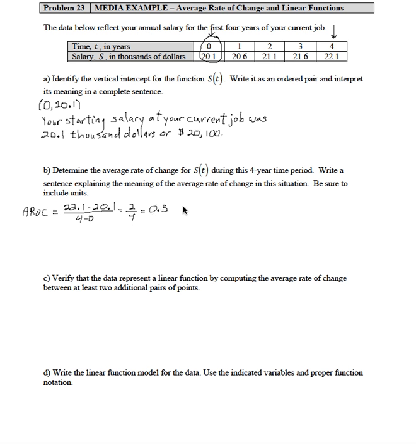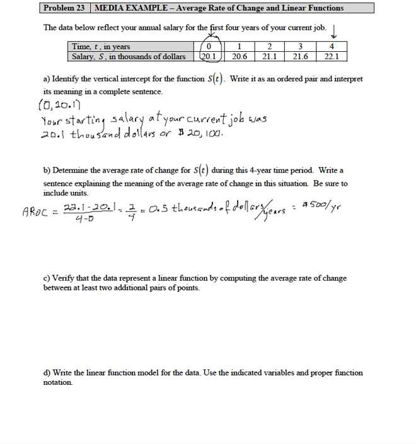The units on that are units of output, which are thousands of dollars per units of input, which is years. So I'm going to multiply that out. So 0.5 times 1,000, that means $500 per year.